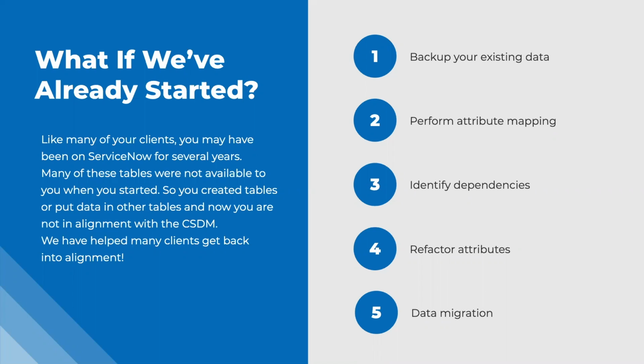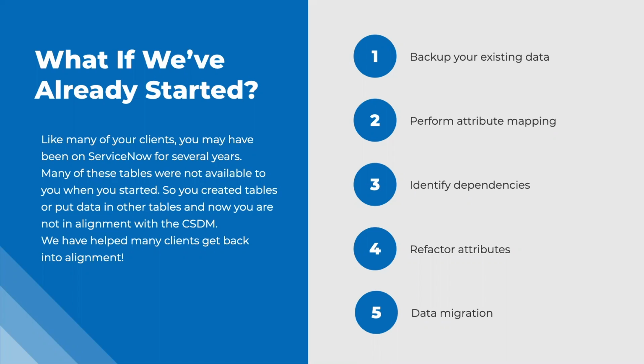The challenge with attribute mapping sometimes is that it's not necessarily just a direct attribute mapping. There are a lot of many-to-many and dependency type relationships that exist too. So you have to consider not just the direct attribute relationships, but also these many-to-many type records that may need to be created.